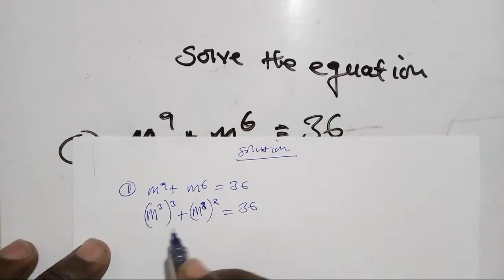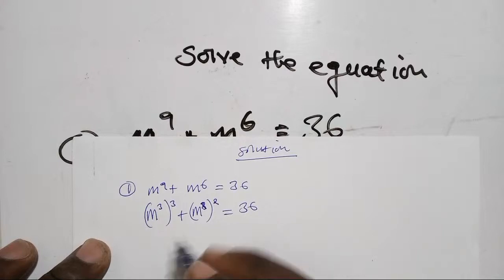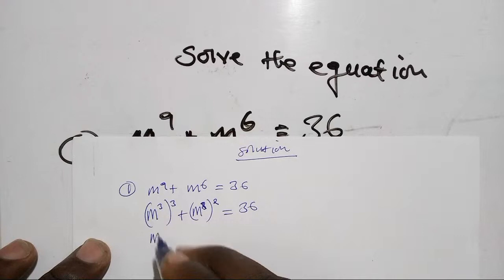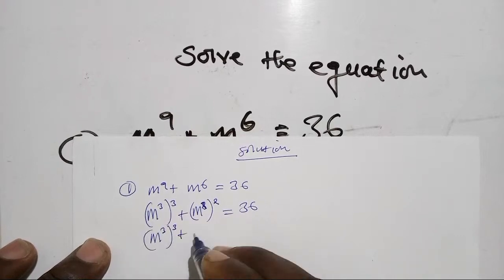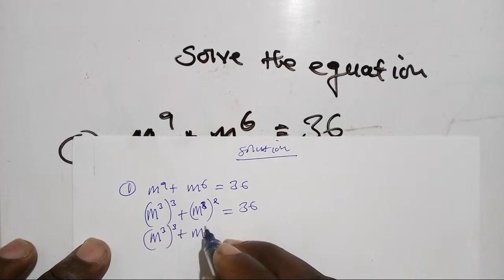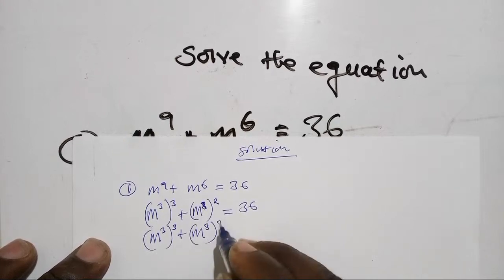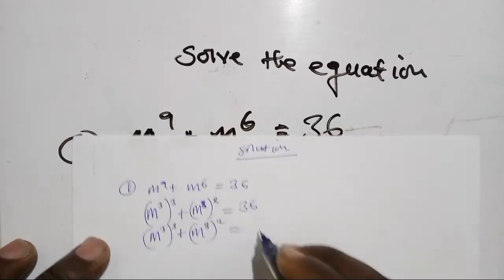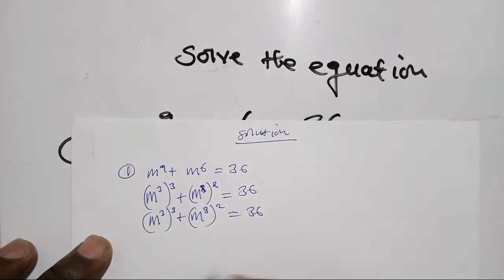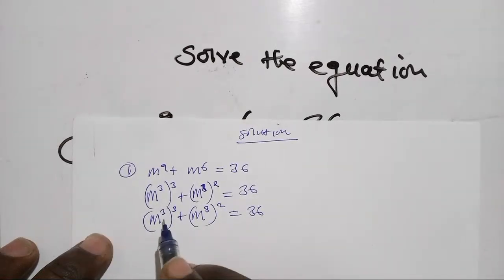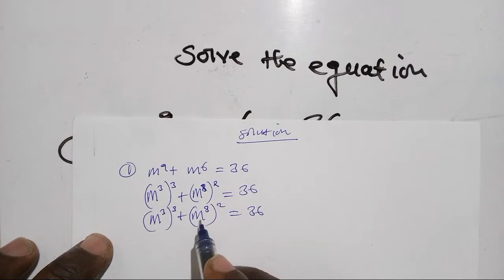So now here, we have m power 3 plus m power 3 power 2 equals 86. So now if you can see, we have m power 3 and here m power 3.